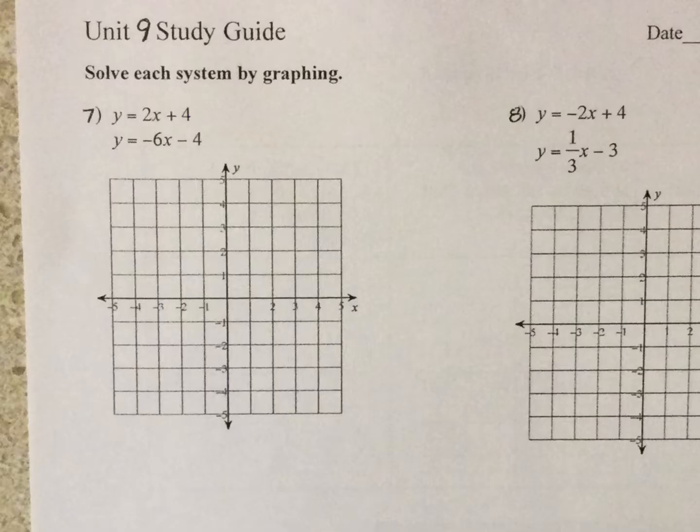On this page, we're going to graph these and see where they cross. So, the first one starts at 4, and I'm supposed to go up 2 and over 1, but I can't do that very well, so if I go down to the left, that counts the same way. So that's my first line.